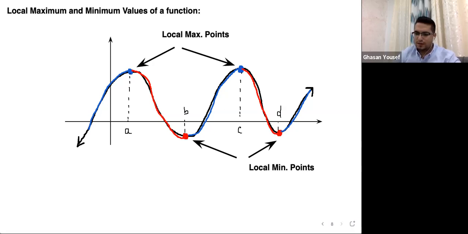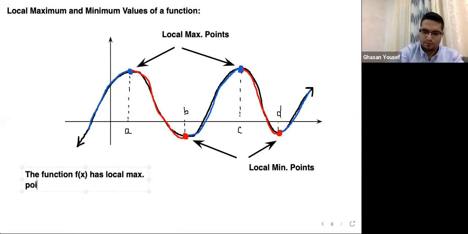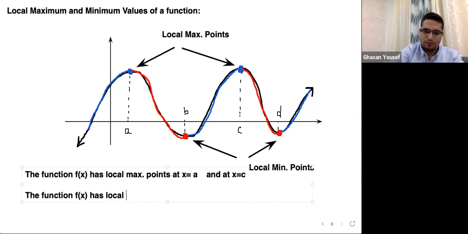So you can see here the function f of x has local maximum points at x equal A and at x equal C, and again f of x has local minimum points at x equal B and at x equal D. This is very important.